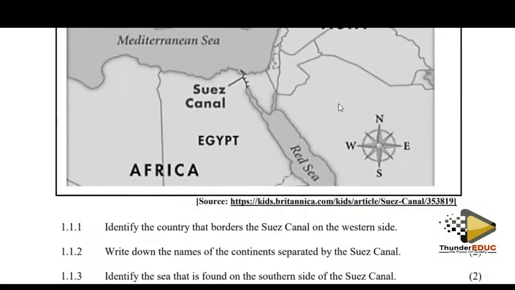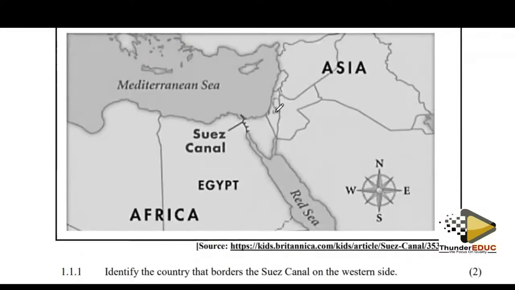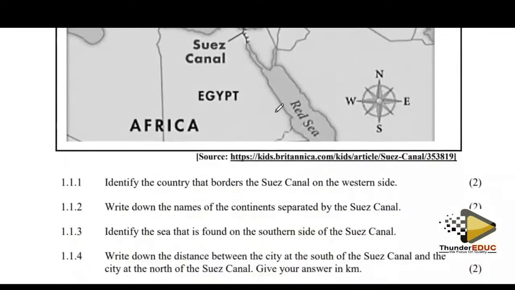So this is the north, and we need the west. They are saying identify the country that borders the Suez Canal on the western side. It's the country, not the continent. So it's Egypt.